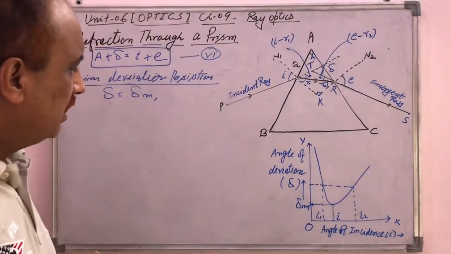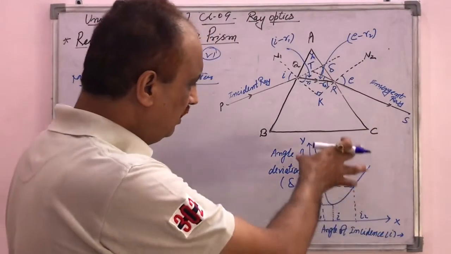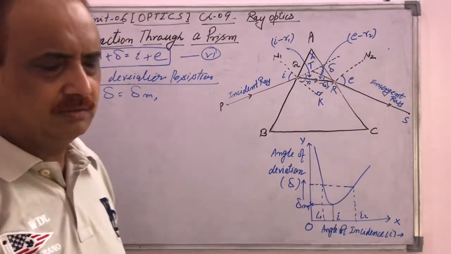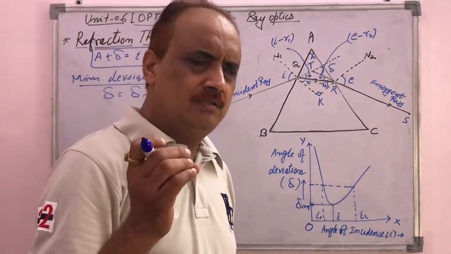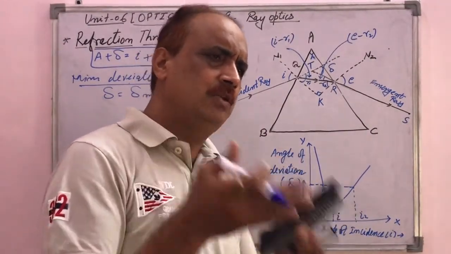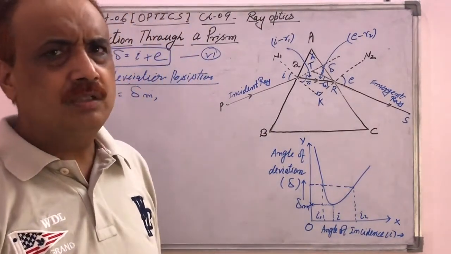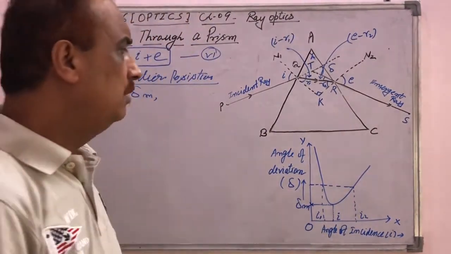Okay, then to find the minimum deviation, there are some conditions. When the ray is incident on the prism and refracted, refraction through the prism depends on three main factors.